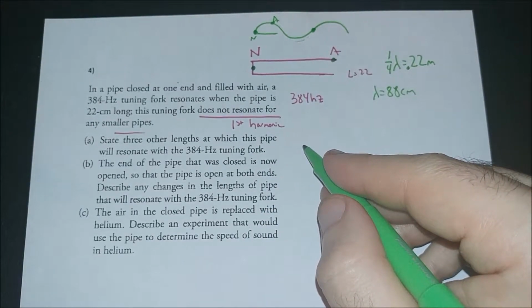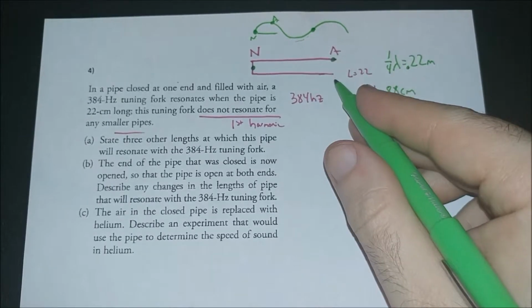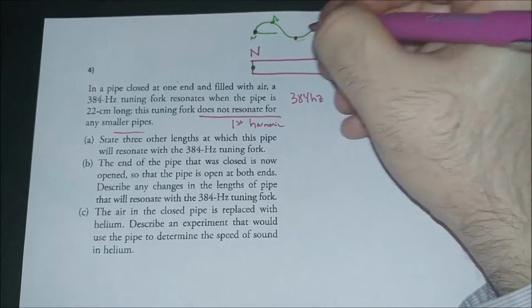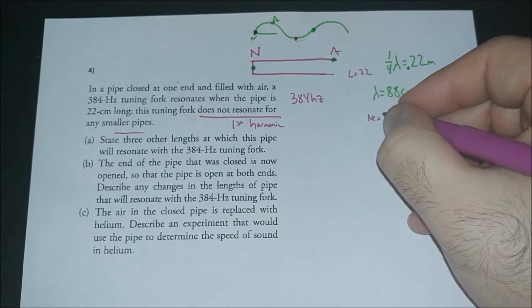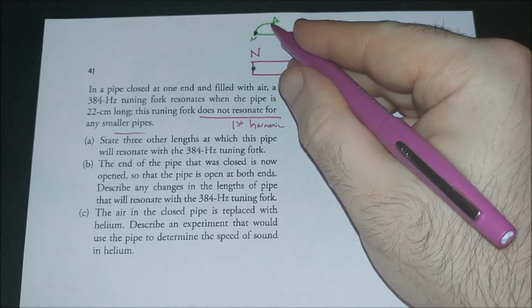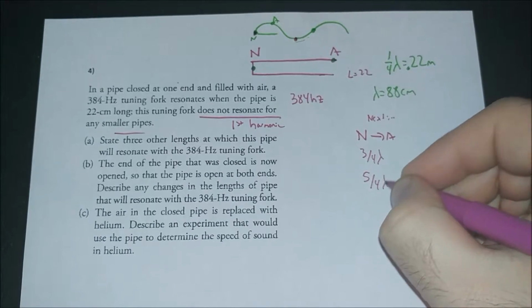Now, what are other lengths that will do it? Okay. I still need a node antinode. So now I'm looking at the next pair of node antinodes. Starting from the same node, the next note would be another antinode away. And that would be 3/4 of a wave. So that would be the next note it makes.